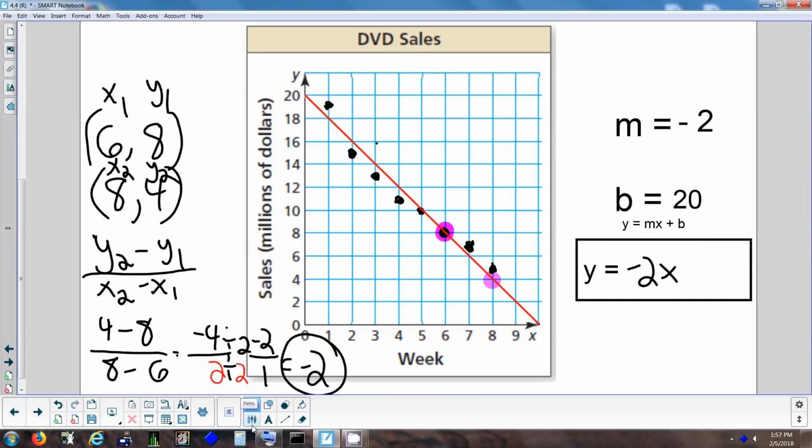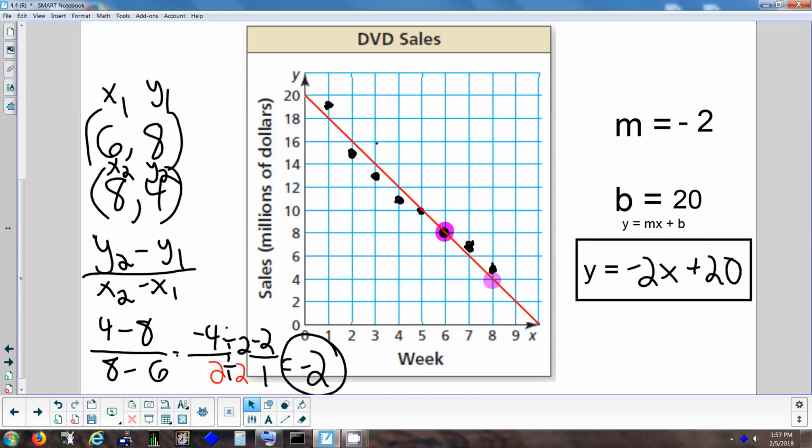What's the rest of it? Plus 20. -2x plus 20. That's the equation for your line of fit. Again, try your best with this, guys. Pick coordinates that go through, that are nice on the graph.